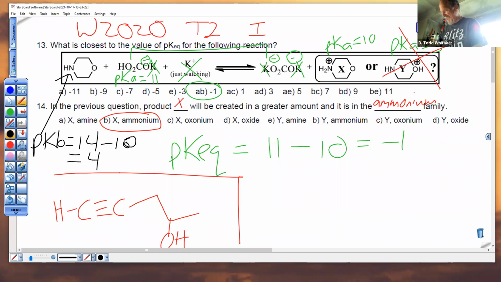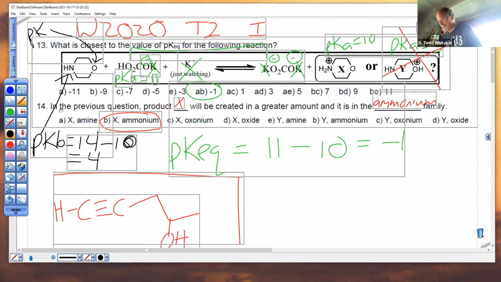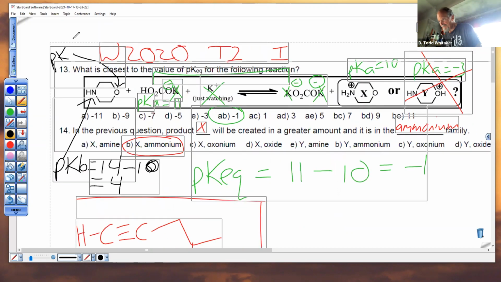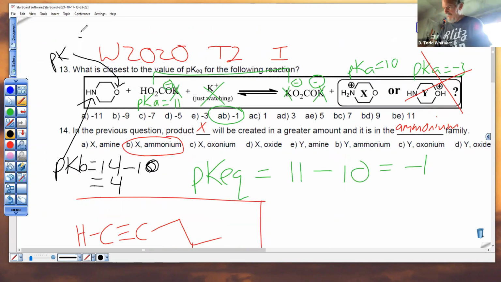That's a 10.4 versus a neutral oxygen, pKb 14 minus negative 3 is 17. Hey, now we can use your logic. Which of those is the better base?